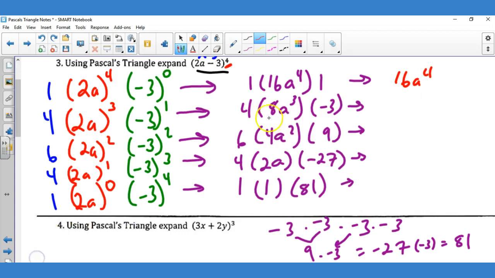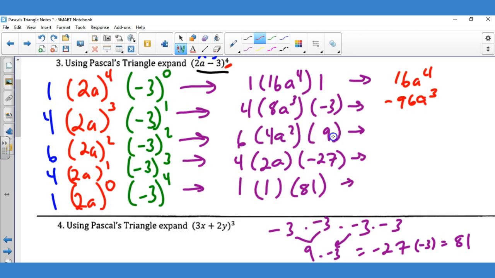Then we have 4 times 8 is 32, and then 32A squared, A cubed, 32A cubed times negative 3 is a negative 96A cubed. And then right here we have 6 times 4, that's 24A squared.